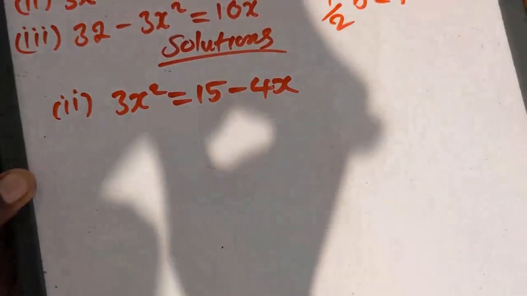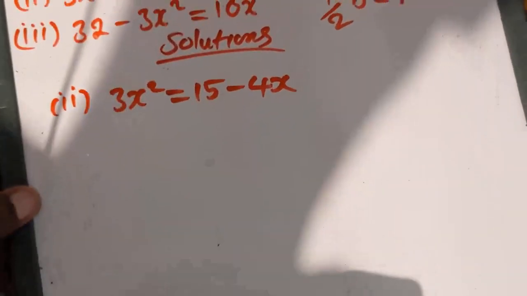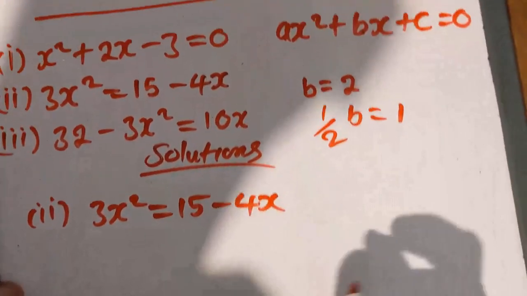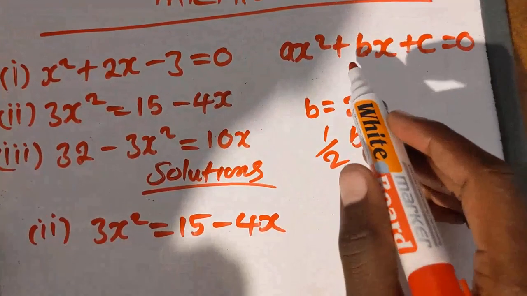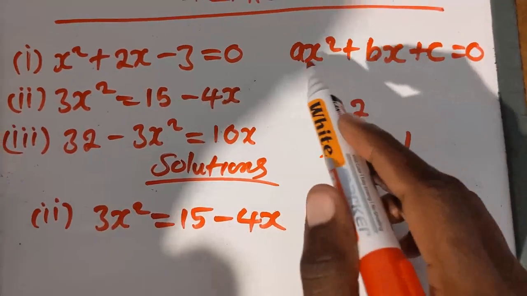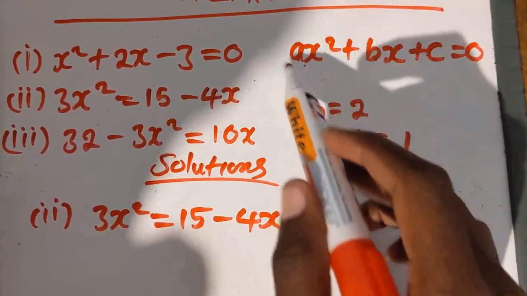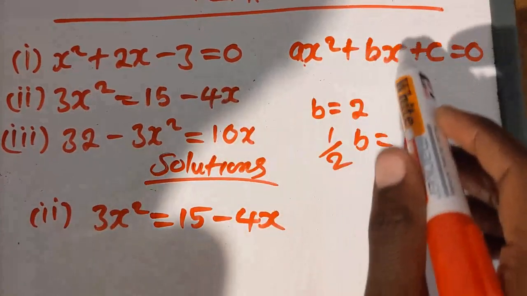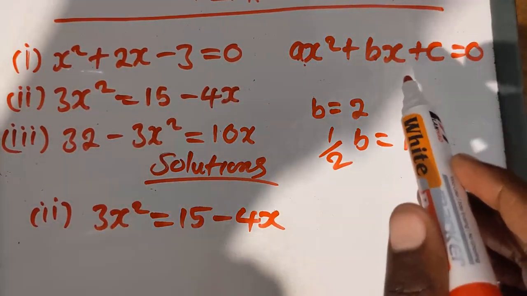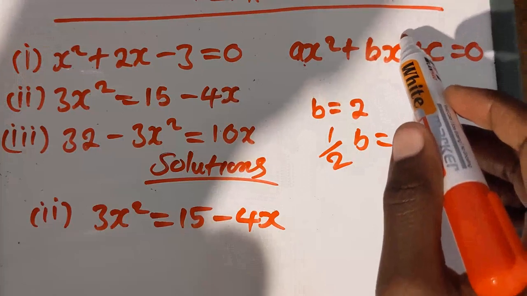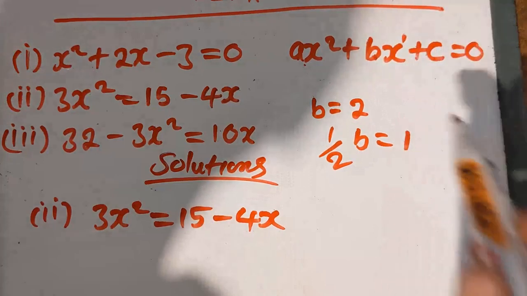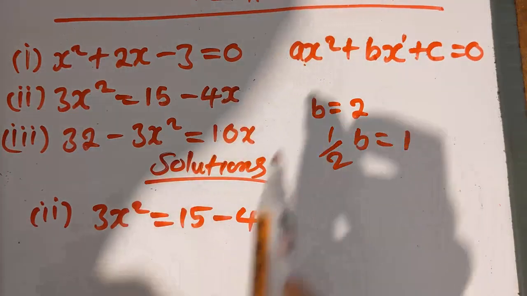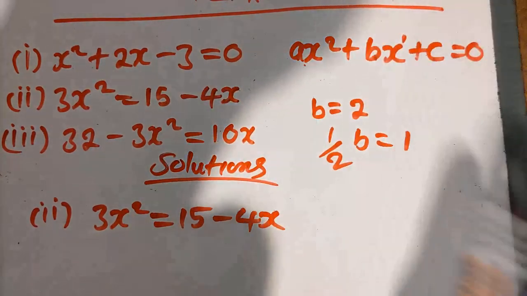Now, what you need to do is that a quadratic equation is supposed to be arranged in this form. The term that is squared is supposed to be on your left hand side, followed by the one which is attached to letter x power 1, then the constant, then equal to 0, like that.